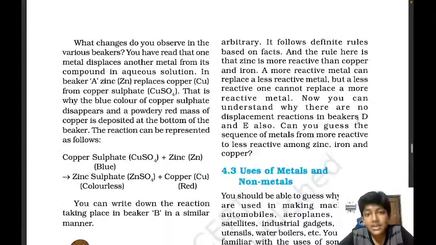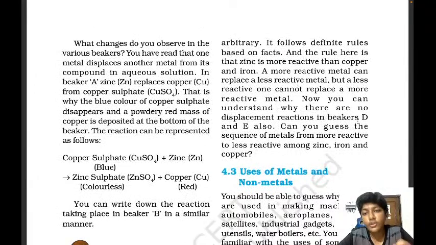Remember that science is not arbitrary. It follows definite rules based on facts. And the rule here is that zinc is more reactive than copper and iron. A more reactive metal can replace a less reactive metal, but a less reactive one cannot replace a more reactive metal. Now you can understand why there are no displacement reactions in beakers D and E also.